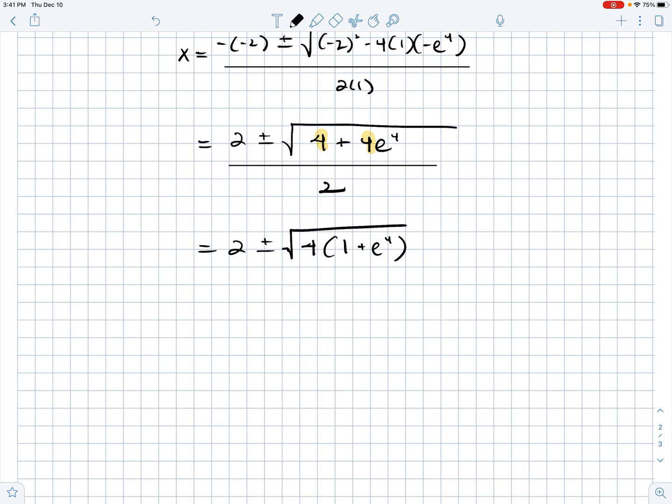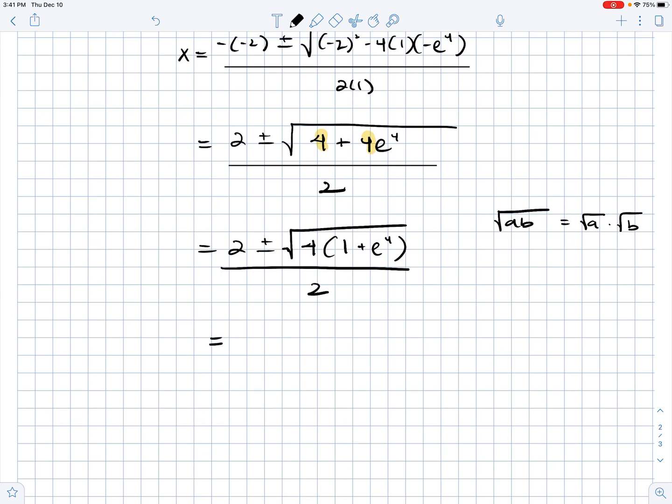Just so that I can think about taking the square root of 4, right? Because the square root of a times b is equal to the square root of a times the square root of b, and that goes back to exponent rules. This is all over 2.